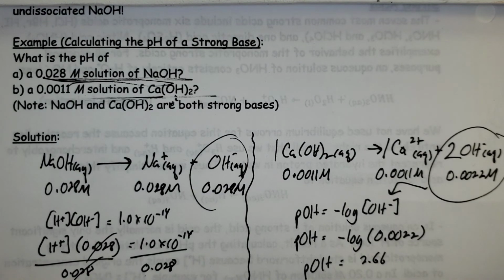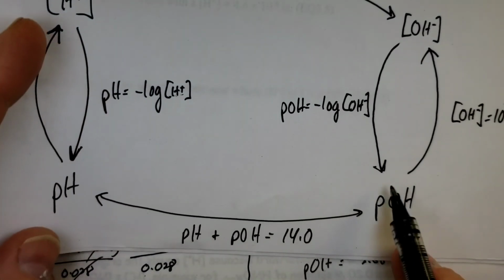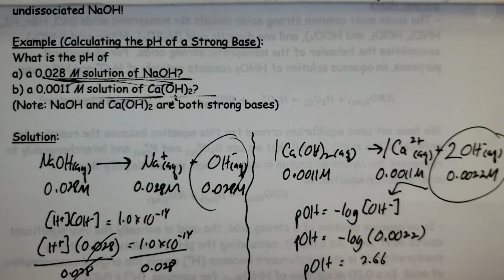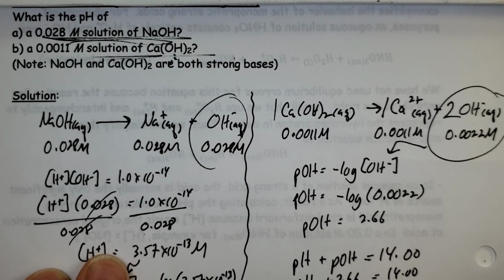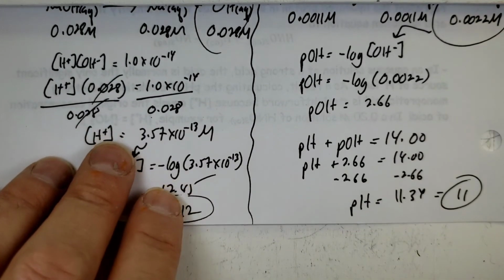So that's pOH. And knowing what pOH is, then use this relationship here to easily figure out pH. This way, you may think this is kind of easier. So 14 subtract 2.66, pH equals 11.34, and I'll round it to 2 sig figs again, so 11.